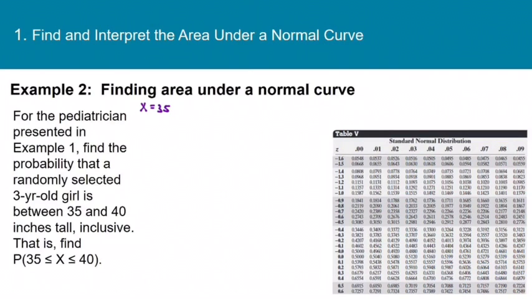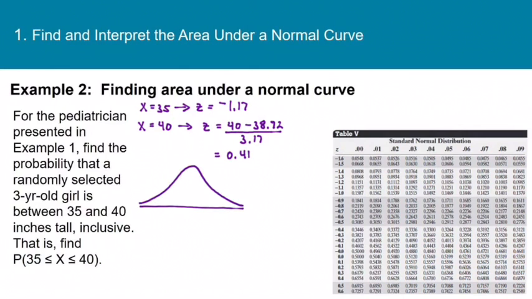So for the x value of 35, we already know that z equals negative 1.17, and we calculated that on the last slide, so I won't do it again. But for 40, if x equals 40, then z equals 40 minus 38.72, all over 3.17, and that's a z-score of 0.41.